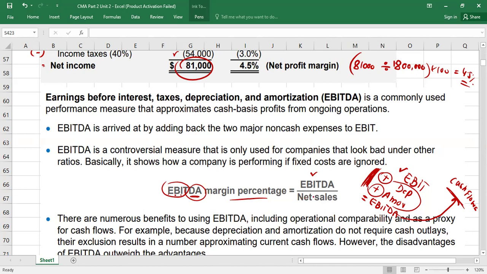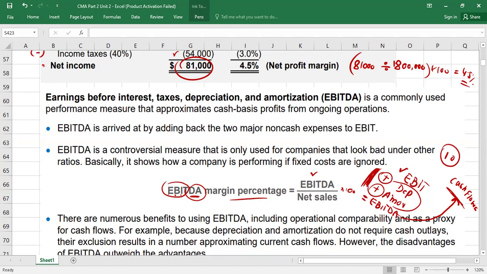Earnings before interest, tax, depreciation and amortization. We divide by net sales and multiply by 100, so this also gives the answer in percentage. Guys, let's assume the answer is 10%. It means your EBITDA is 10% of sales value. And again, a higher answer is desirable.